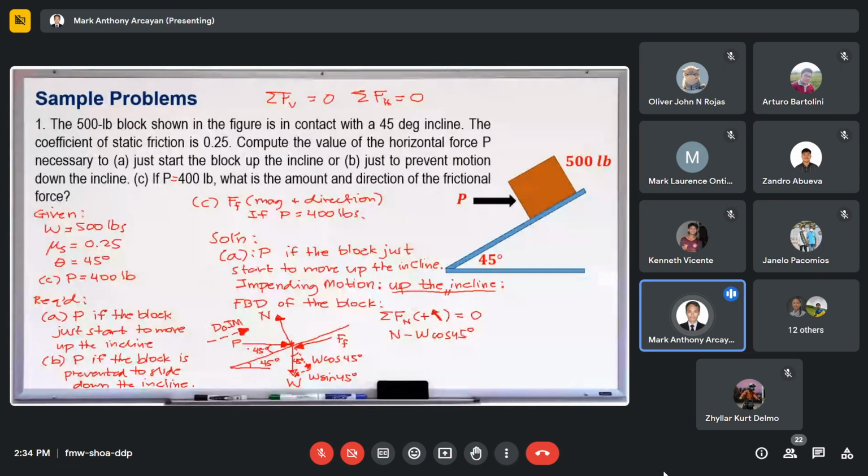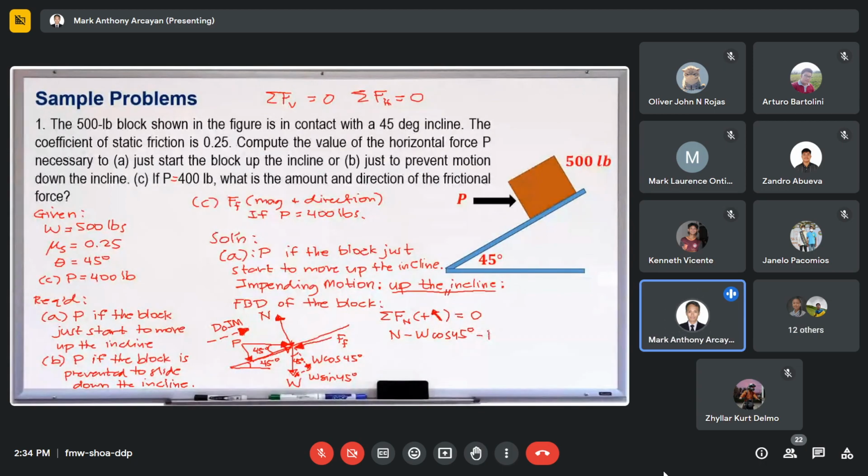Then P also has a normal component, so we resolve P. Its parallel component is upward. By looking at the right triangle generated by force P, its normal component is sine, and it is also downward.